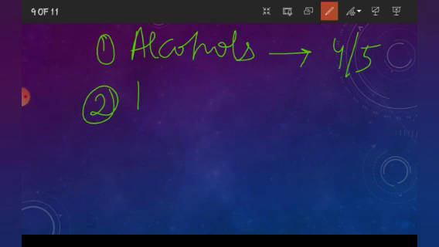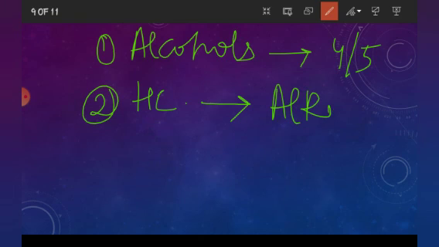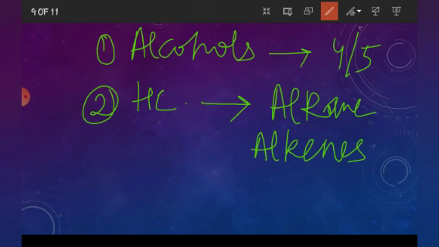Second, we have done from hydrocarbons. In this we have studied two parts. First is from alkanes, in which we have studied free radical mechanism. Second is from alkenes, in which we have covered two topics. One is according to Markovnikov rule, the other is according to anti-Markovnikov rule.